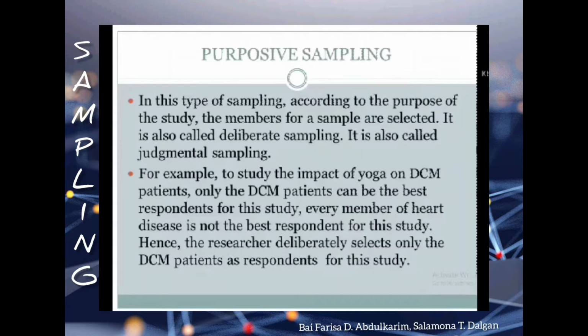For example, to study the impact of yoga on DCM patients, only the DCM patients can be the best respondents for this study. Every member of heart disease is not the best respondent for this study. Hence, the researcher deliberately selects only the DCM patients as respondents for this study.